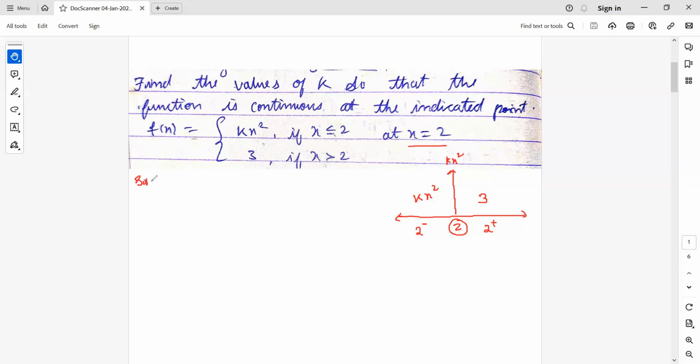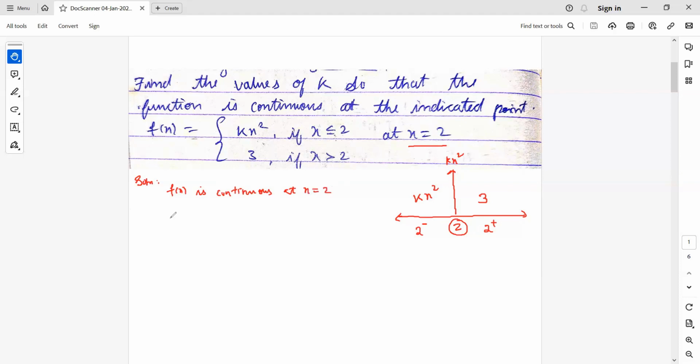Solution. We need to discuss the continuity of the function at x is equal to 2, and it's already given in the question. The first step we are writing is f of x is continuous at x is equal to 2.